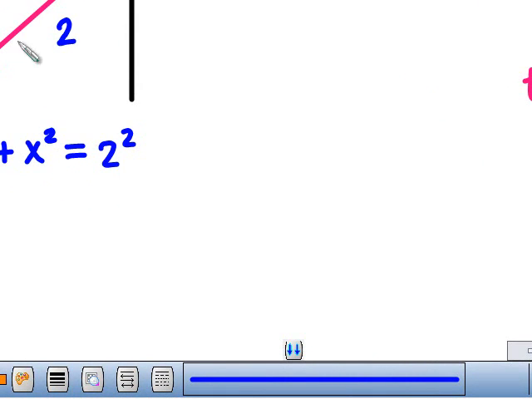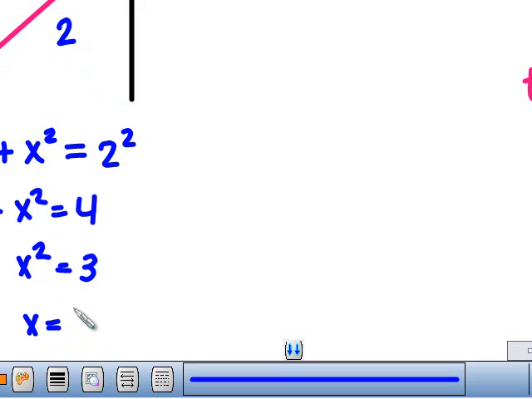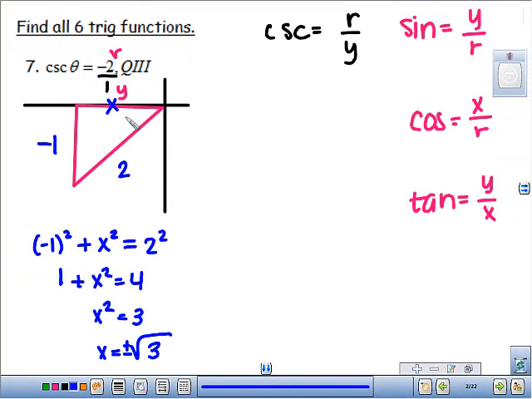The 2 is the hypotenuse, that's your r, so it needs to go over here for c squared. When you take the square root, remember it's plus or minus, and you have to decide if you're using the positive or negative. And in quadrant 3, x is definitely negative, so here you're going to say x is negative square root of 3.